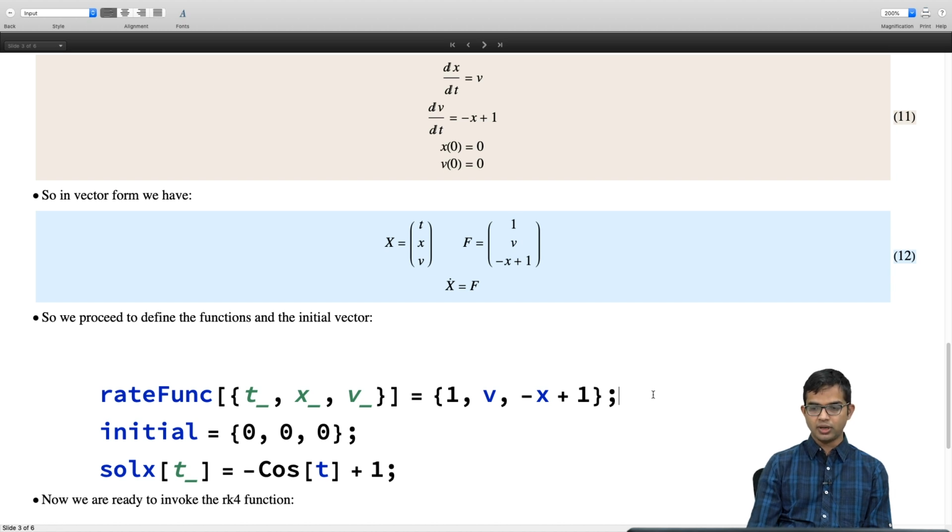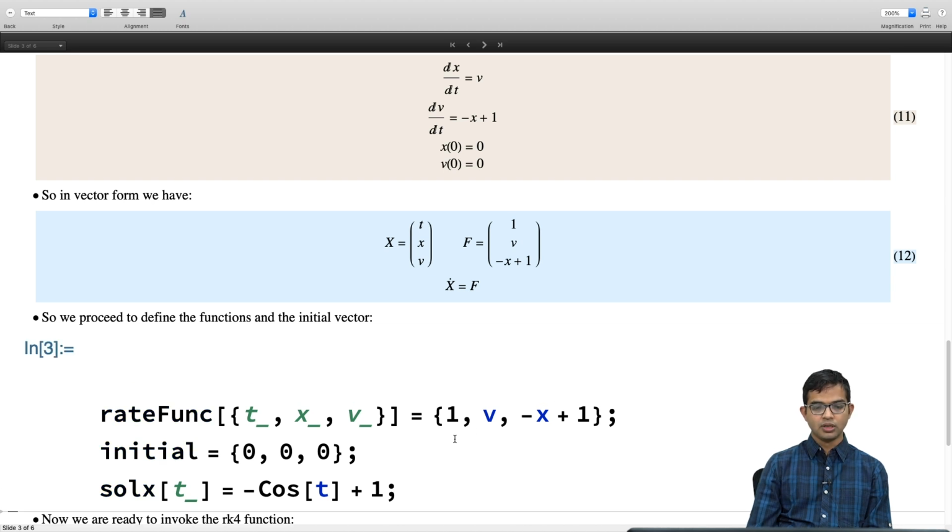And then let's go ahead and hit shift enter here. So there we go. So initial vector is 0 0 0, time t equal to 0, the particle is at the origin 0 and its speed is 0, so it's just 0 0 0, and the solution we already know is minus cosine of t plus 1.